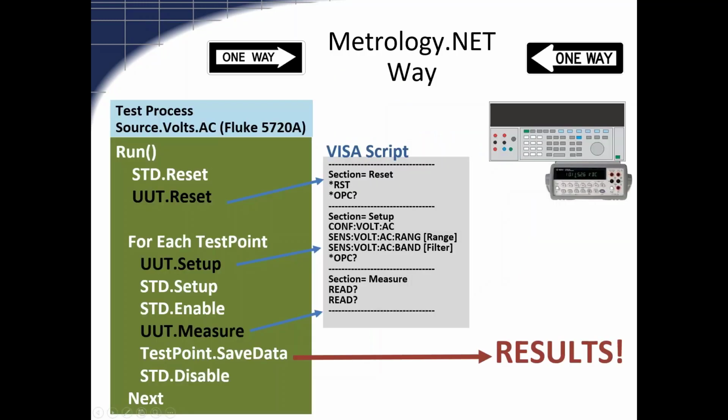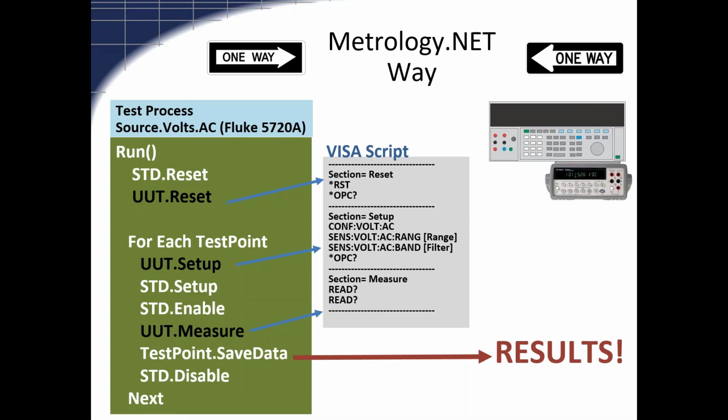So now, before I dive into the code, I'm going to give you a real quick overview of how this runs. Every one of our test processes that sit in Metrology.net is going to bind up to this test process, this blue interface, but you can see we've got a 5720-specific version of this.